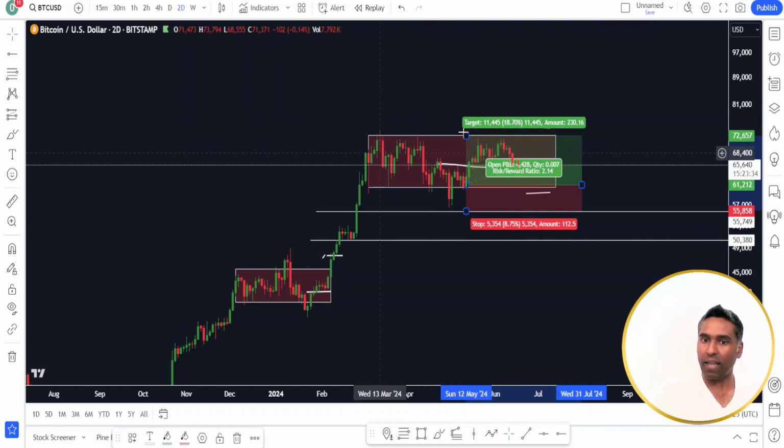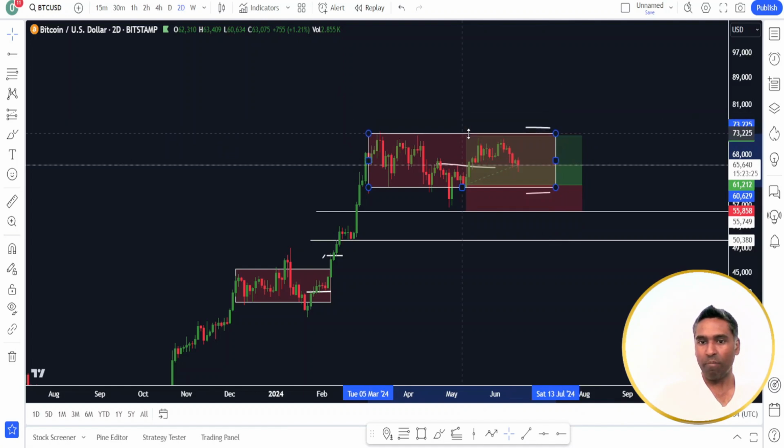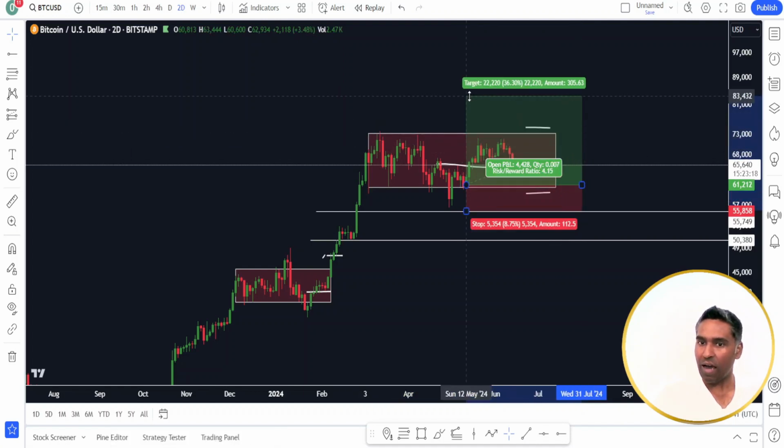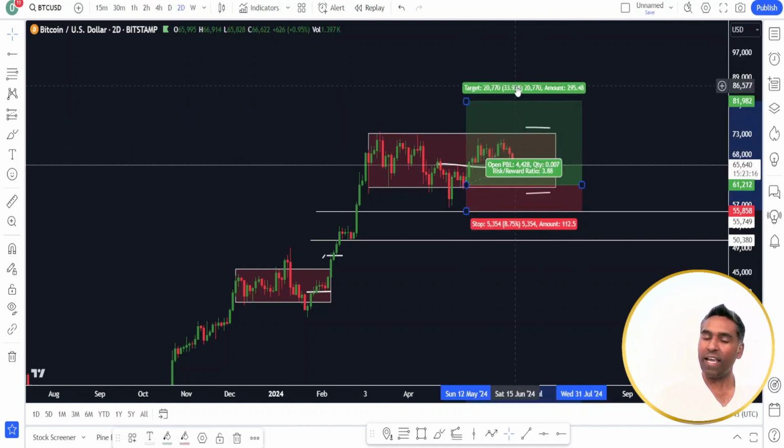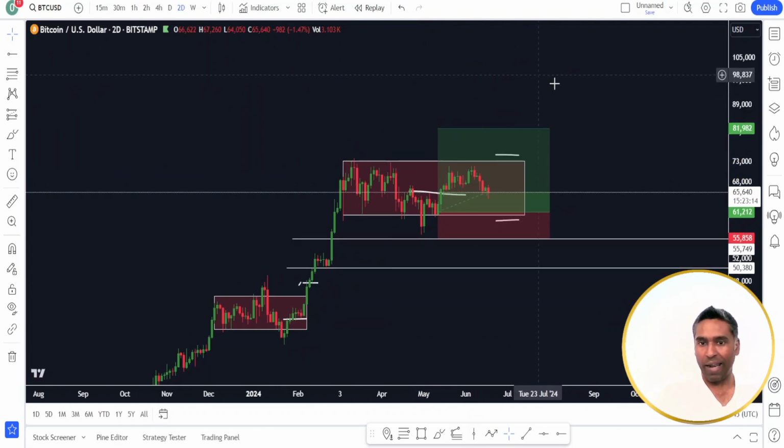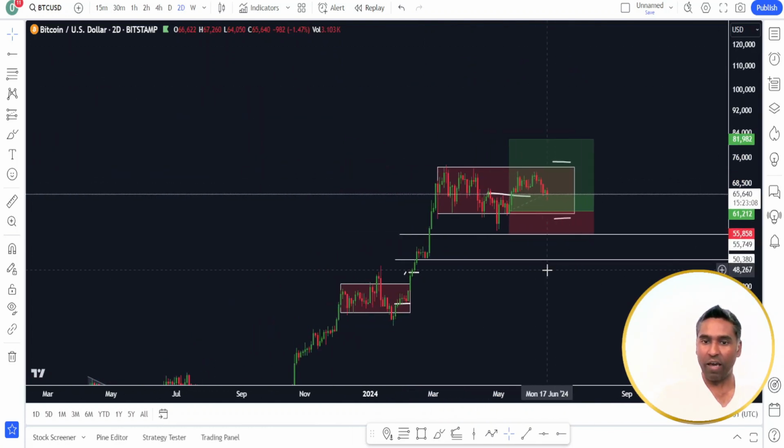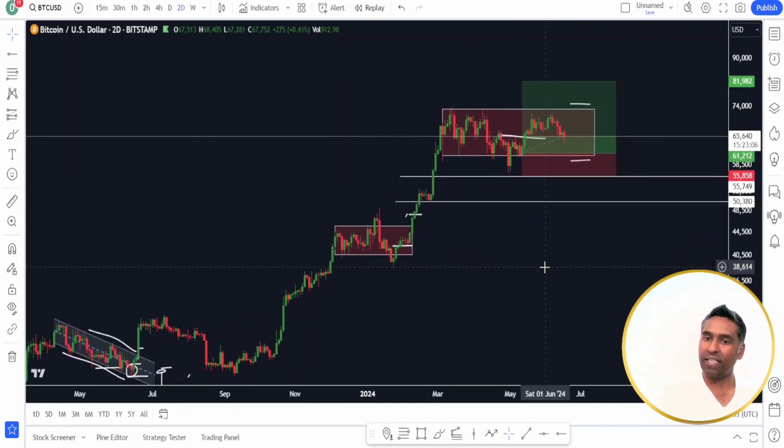Because this is a big range, I can take my first take profit near this area. My next take profit would be 3R or 4R, and the next one I would try to ride the trend. So this is an exit strategy when we are trading trends, to exit in parts.